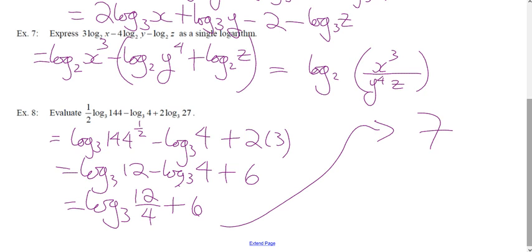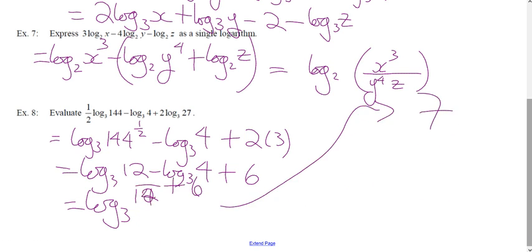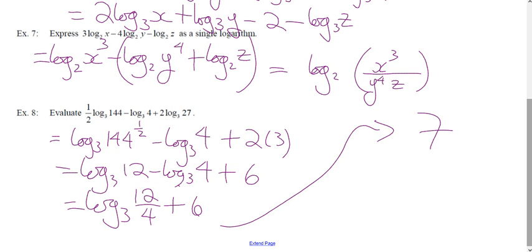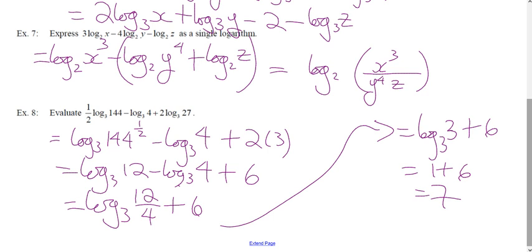Okay, you could write log base 3 of 3 plus 6. Oops. Everything shifted. Hang on. We can't leave a mess. Okay, good.